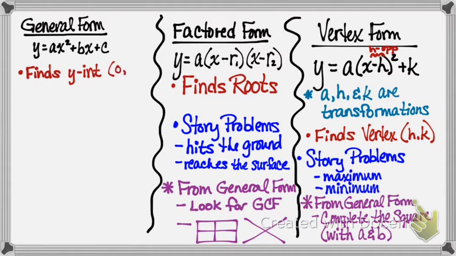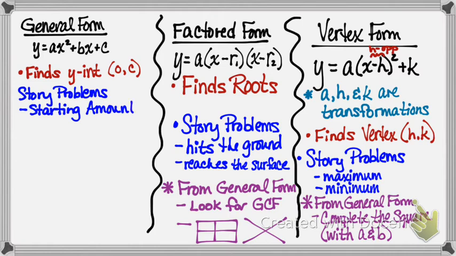It's going to be 0 and then whatever c is. In story problems, I'd be looking for a starting amount. So it might be how high was the person that threw the ball, or how tall was the building that this was knocked off of.